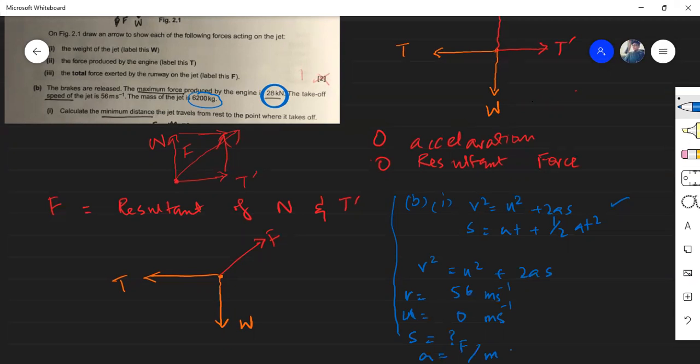You used this to find A. The value you got was 4.5, and then you used it to find 350 meters.